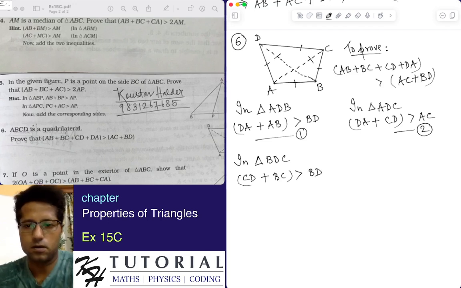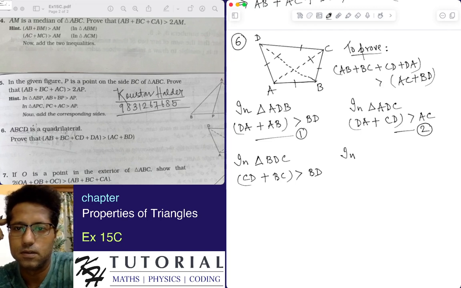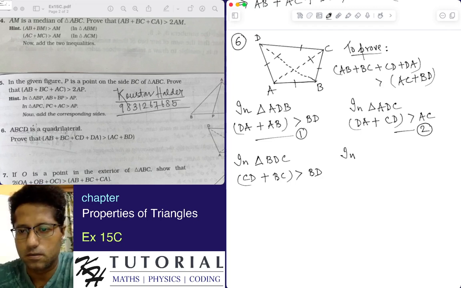What triangle is left? We have considered ADB, ADC, and BDC. The triangle left is ABC.